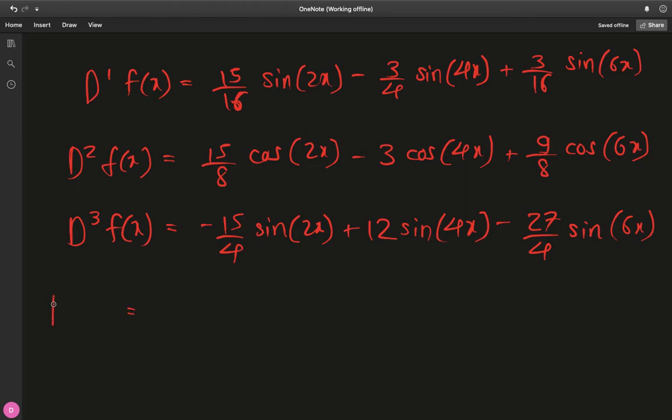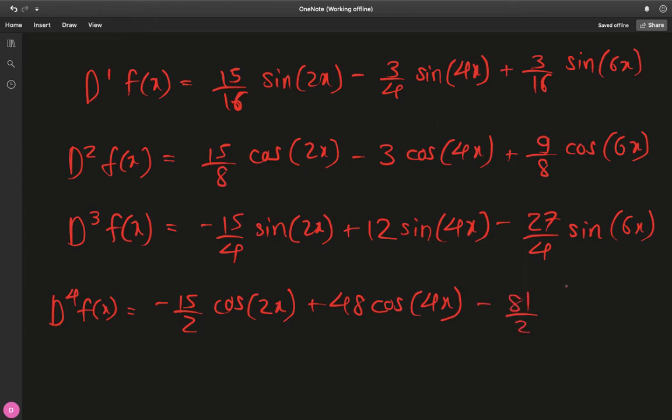And now the fourth derivative of f of x is negative 15 over 2 times the cosine of 2x plus 48 times the cosine of 4x minus 81 over 2 times cosine of 6x.